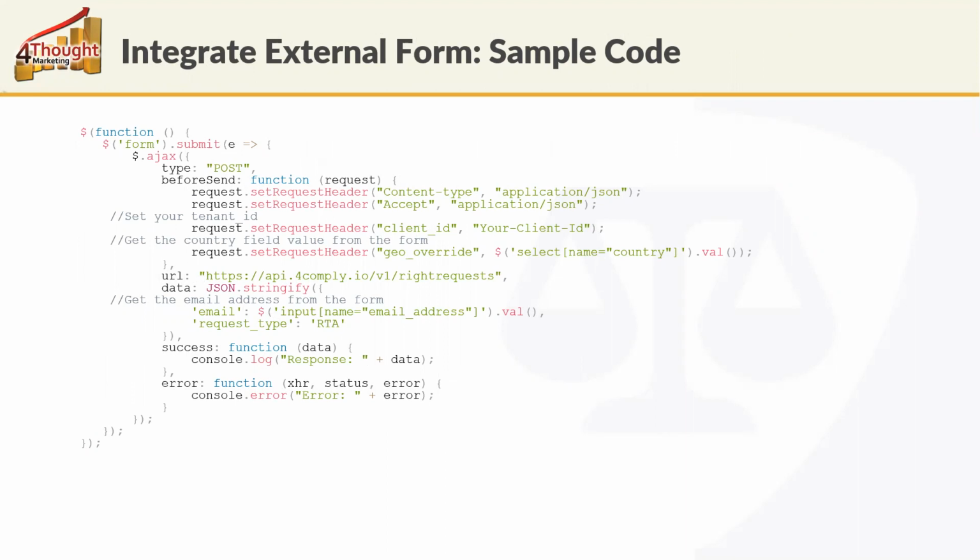Again, 4Comply also has the ability to detect the geo based on the IP address of the requester. It can also be sent in the header, or as part of the request. Basically, this will trigger the process in 4Comply, making sure that the workflow we discussed before gets started with the information that we get from this form.